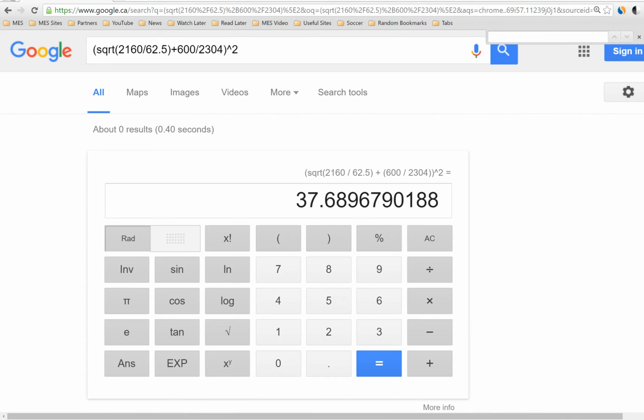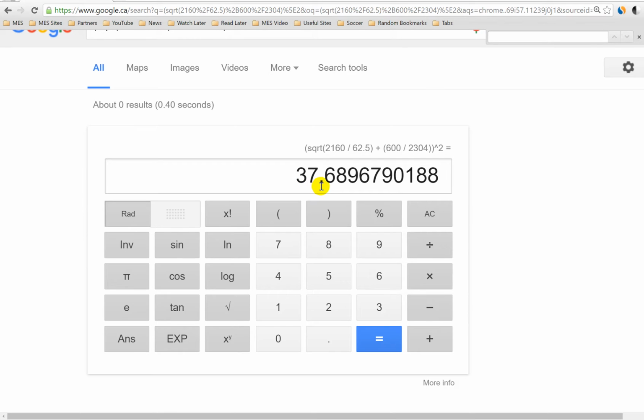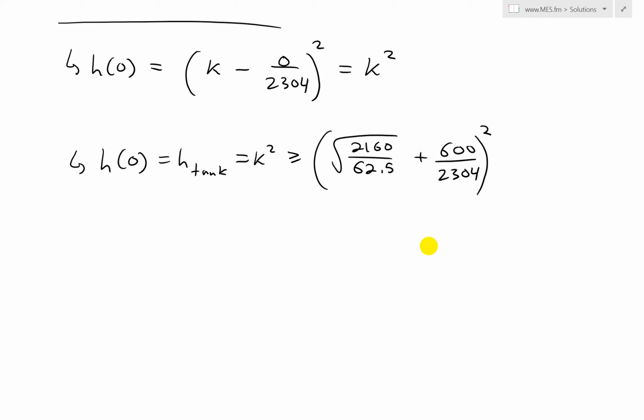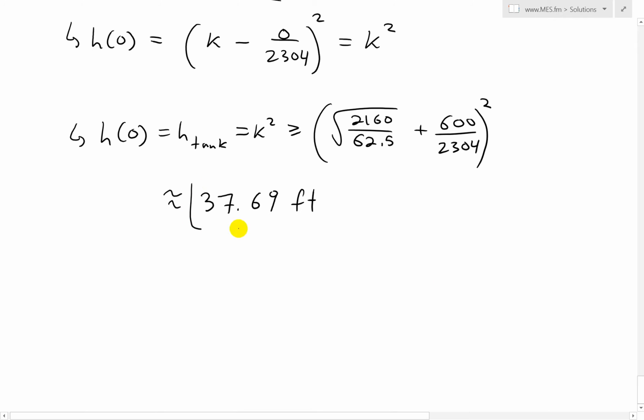And now if we were to plug this into the calculator, I just put it in the Google calculator, so bracket square root 2160 divided by 62.5 plus 600 divided by 2304 all squared, we get about 37.689. So I'll round this up to 37.69. So what this is roughly equal to is 37.69 feet. Yeah, so that is our answer right here.